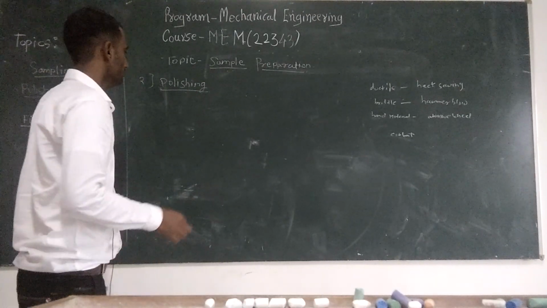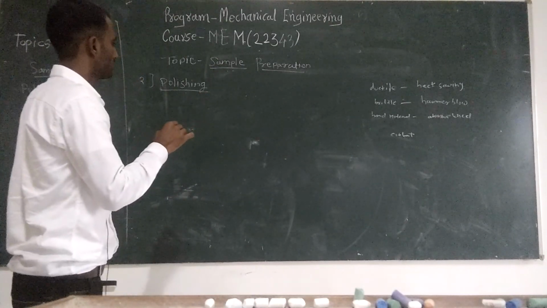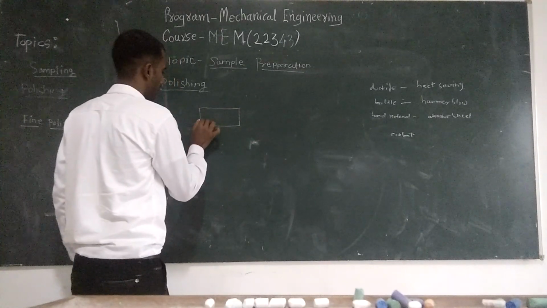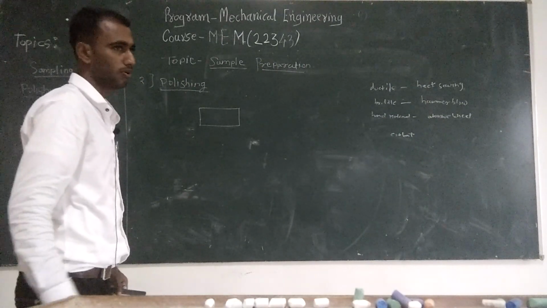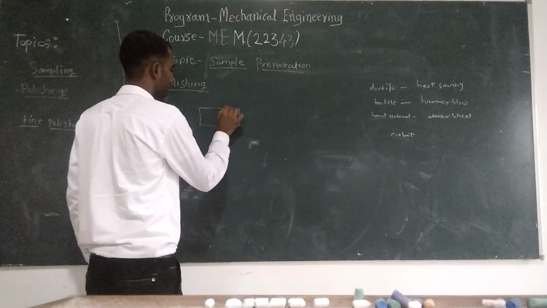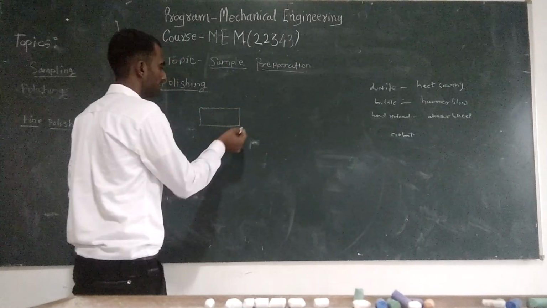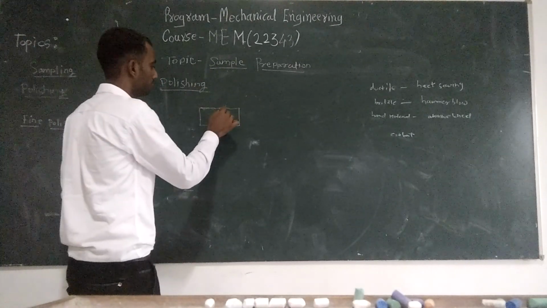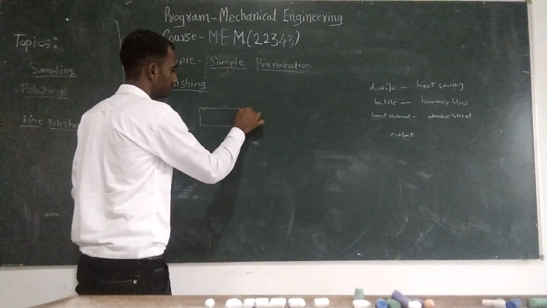It means the surface of that sample is leveled: if there are irregularities on that surface, either they are filled, or they get machined, which means they are removed from that sample.